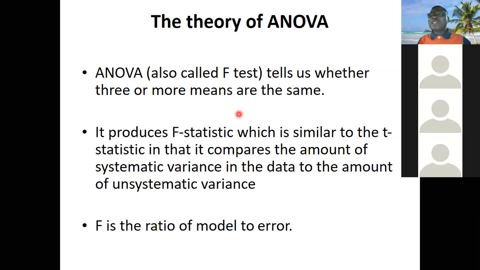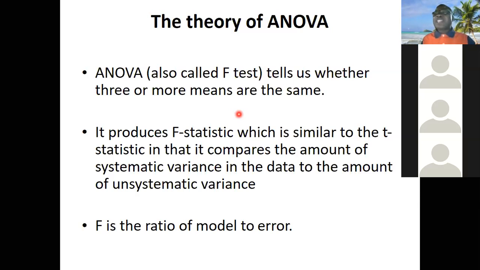In our statistics, we put the systematic variance as the numerator and the inherent variance as the denominator. If the difference we are observing due to the study is true, then since it's the numerator, it should be bigger than the inherent variability.